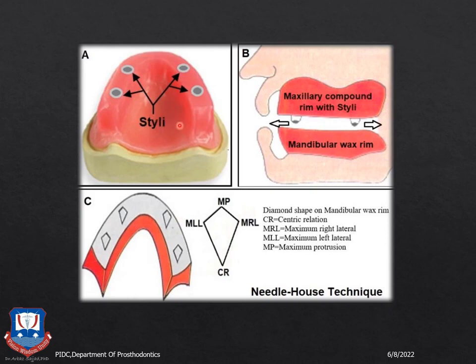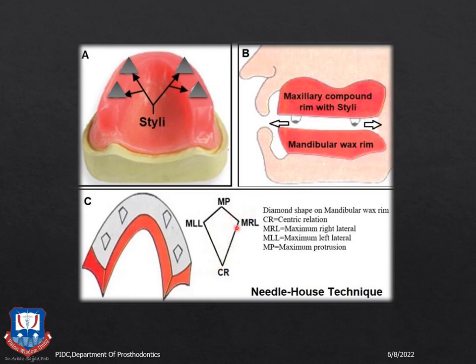occlusal rims will look. Of course, these rims were made out of compound, and four studs were advocated by Needle. Later, House advocated using four pointed sharp styli instead of studs. These styli were placed in the premolar and molar areas, and then the mandibular rim, which was made out of wax, and the patient was asked to close first in centric relation, and then he was guided to do protrusive, left lateral, and right lateral excursive movements.